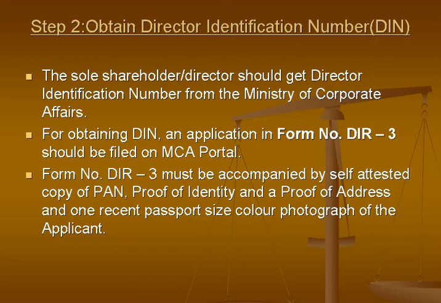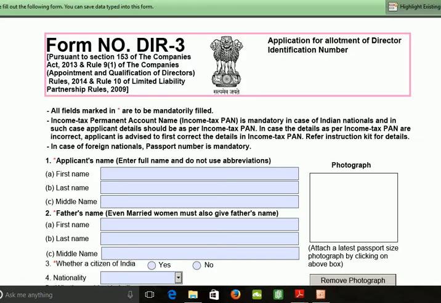Now before we go to the next step, I want you to see form number DIR3 that is to be filed with the MCA portal. You can see on the screen form number DIR3, that is, application for allotment of director identification number. You can see the fields which are required to be filled.